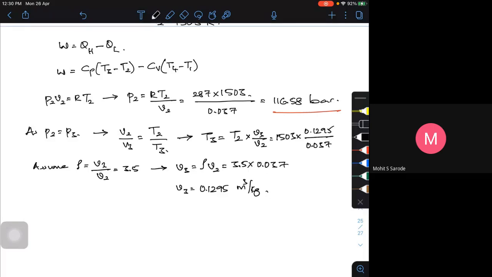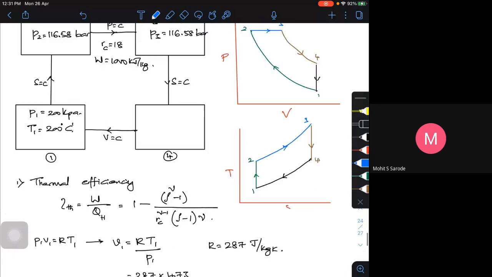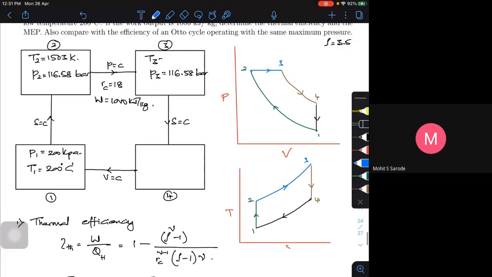So I'll be getting my T3 as 0.1295 divided by 0.037 into 1503. Roughly it will be around 5261 Kelvin. So this is my temperature T3.